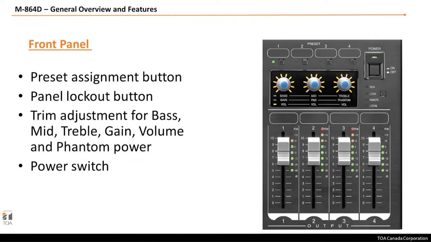Same thing here. We can see on the output side the control for the tone, the bass, the mid, and the treble, and the 4 output sliders with the meter as well are there, and obviously the power switches on the front panel of the device.